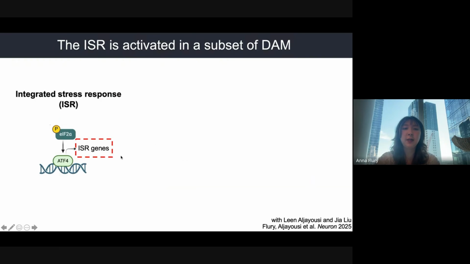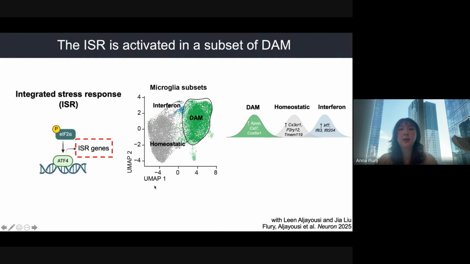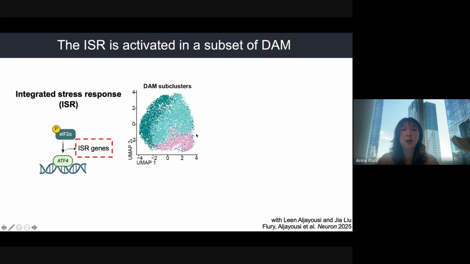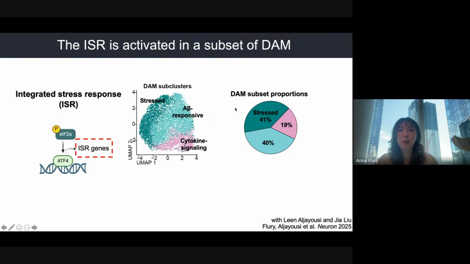And then finally, we looked at the level of ISR gene expression. And so to do that, we did a single cell sequencing of our 5xFAD mouse. And as expected, we could isolate a disease-associated microglia subset from other subsets. And then if we further looked at subsets within disease-associated microglia, we found 3 different subclusters, one of which being characterized by our ISR stressed genes, and the others having cytokine signaling and then A-beta responsive genes.